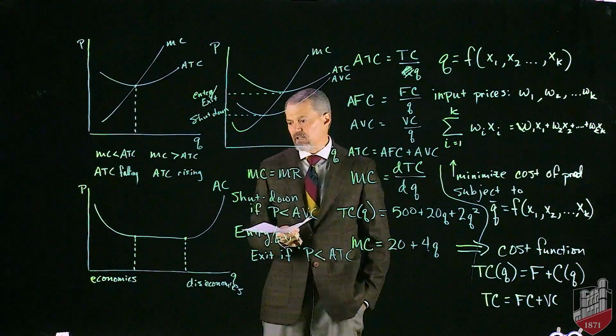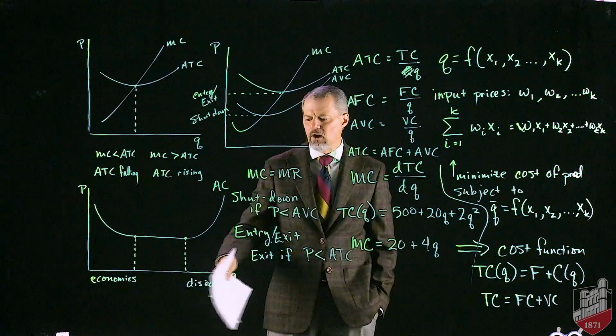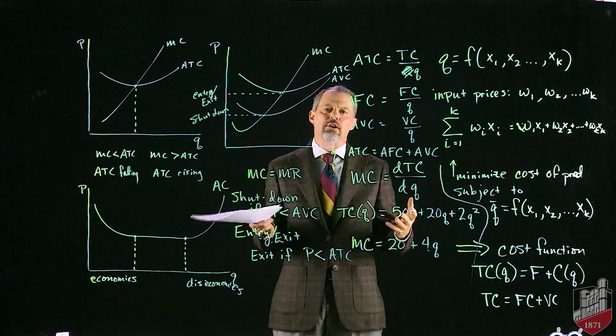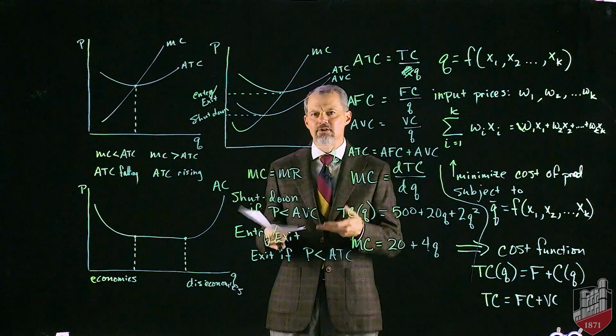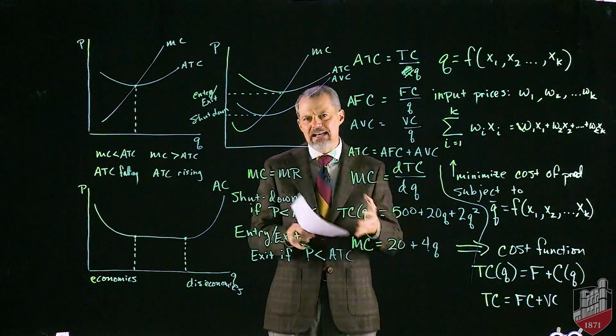So that's where economies of scale come from. Diseconomies of scale come from the fact that very large production processes are just hard to manage. You have to have extra layers of managers, and the managers aren't producing output, they're simply managing the workers.